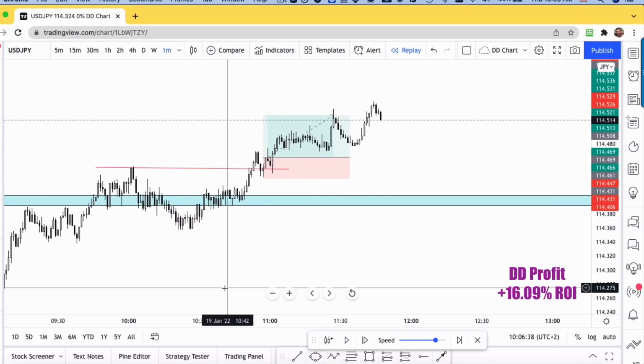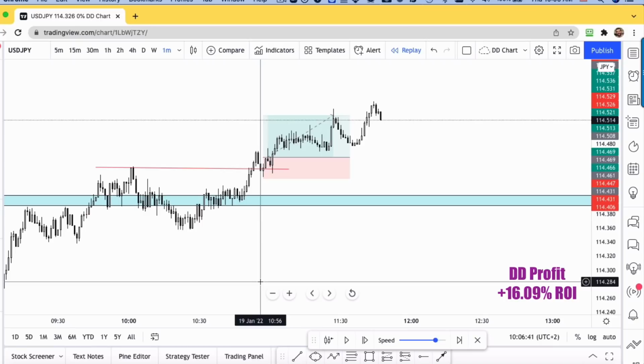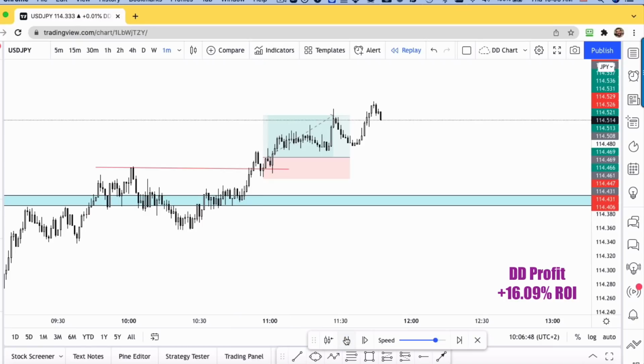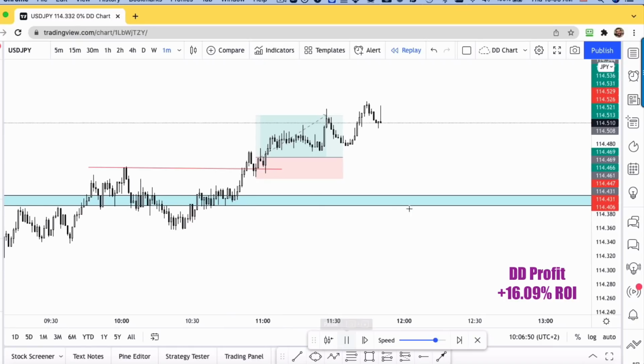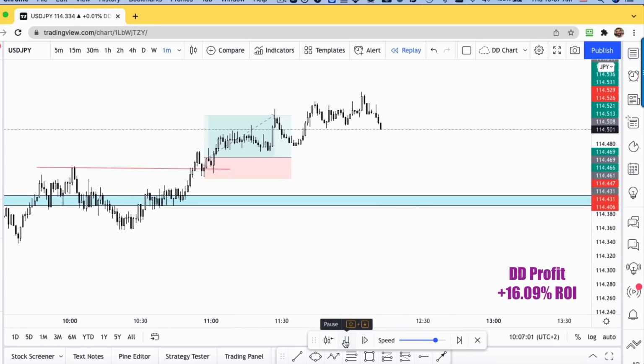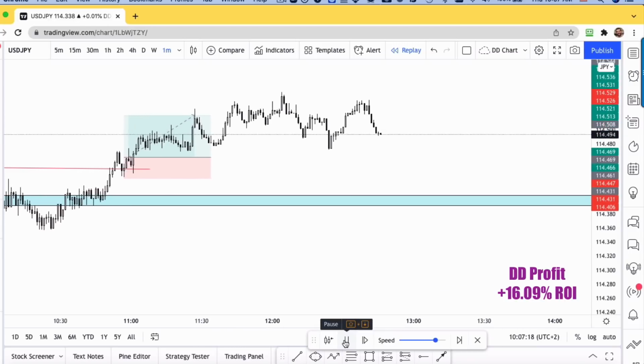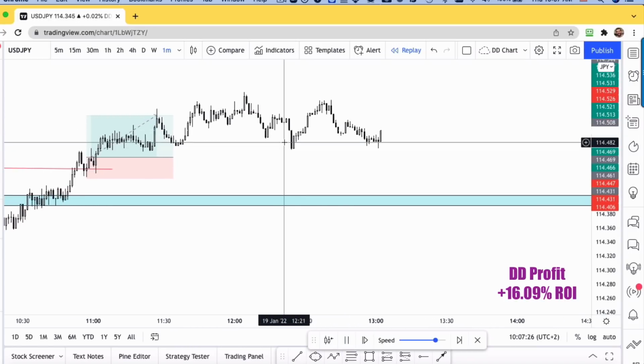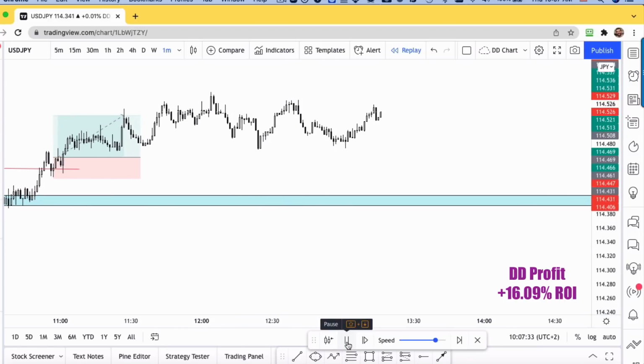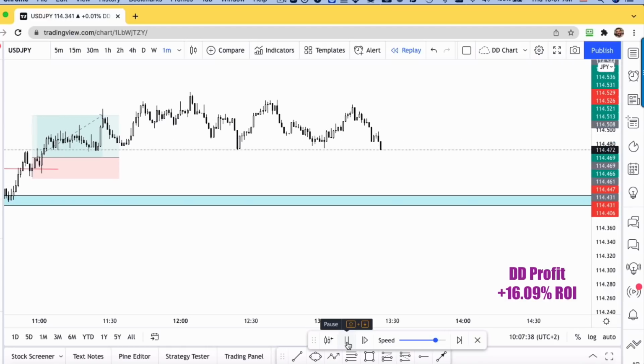Okay, so now the market is definitely looking bullish, and I'm going to be looking for buys. But I need it to pull back to around here. Here's some support. Still not breaking higher. Okay.